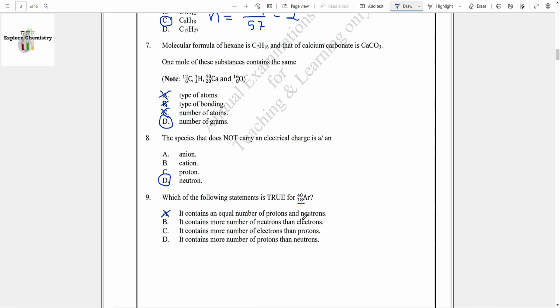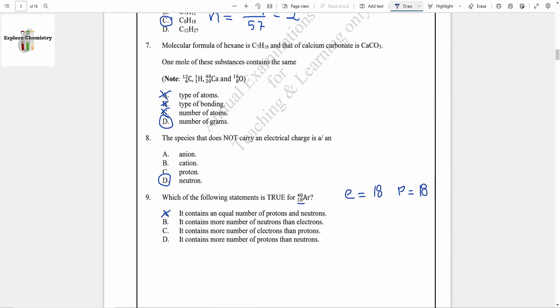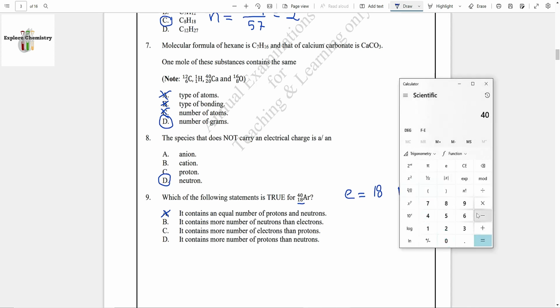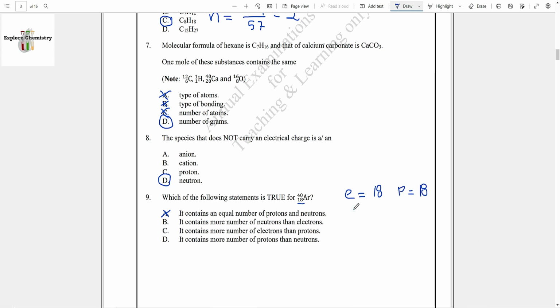So electrons are 18, protons are also 18. For neutrons, what will you do? You will subtract the atomic number from the mass number. 40 minus 18. So neutrons are 22. So this statement is correct.